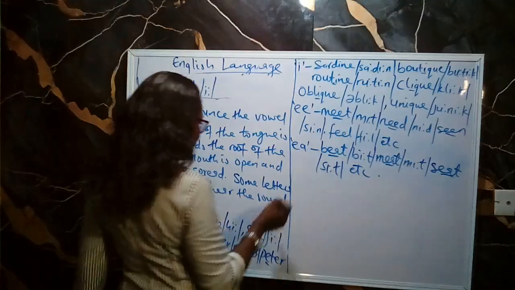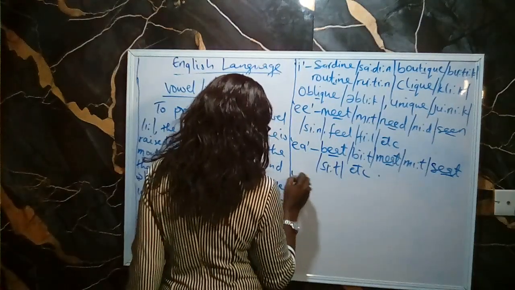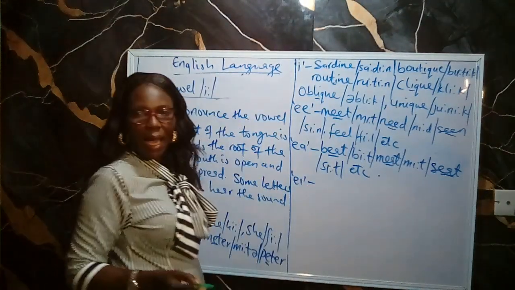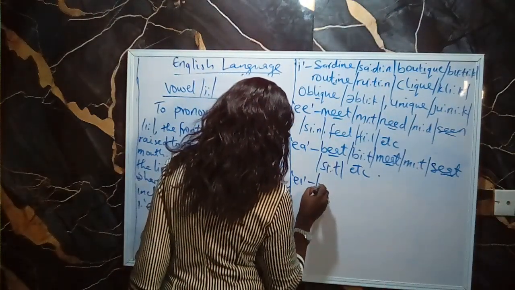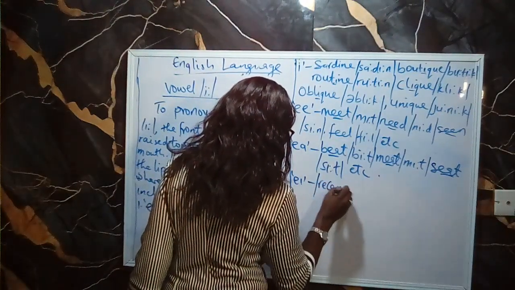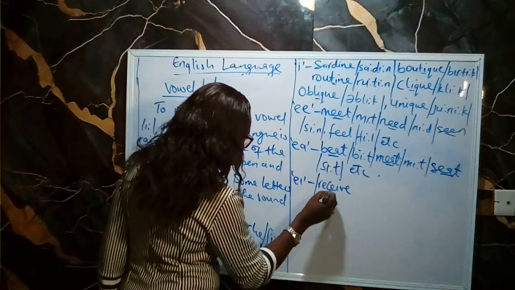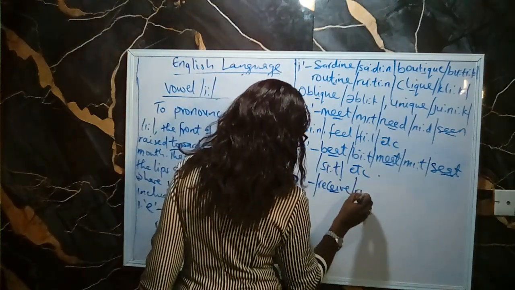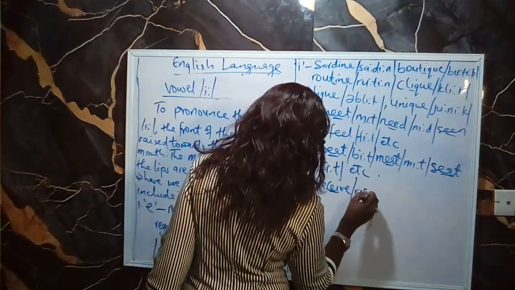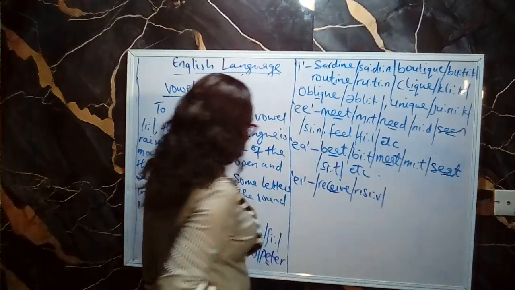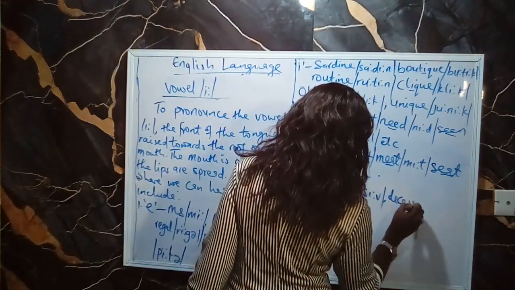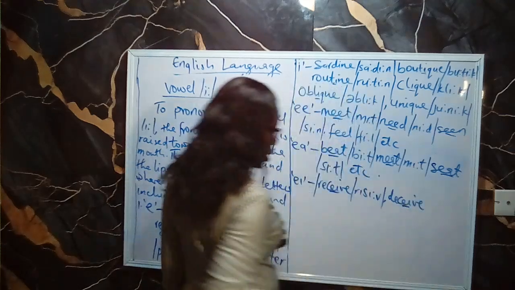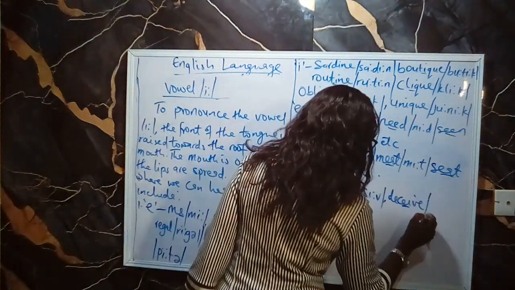We see it in letter EI, as in receive. Where we see EI, we put the sound re, see. Then deceive. Remember, when we see EI, we put the sound deceive.